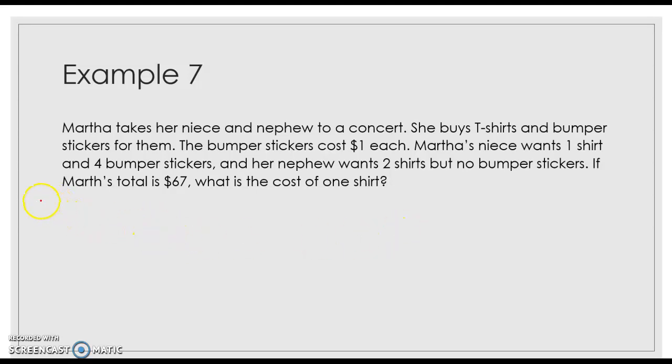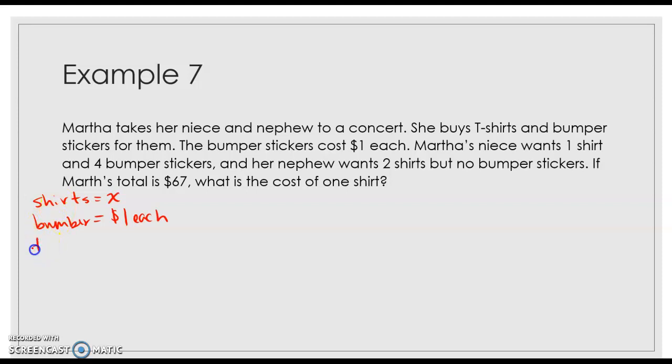So I don't know what t-shirts cost. So my shirts I'm going to call X. And then I know that each bumper sticker is $1 each. So no matter how many bumper stickers, that's just how much each of those were.